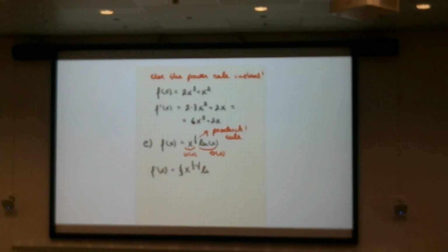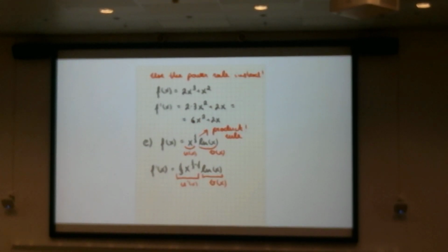And we just rewrite v of x. This one does not change, we just copy it as it is. So this bit is u of x derivative, and this is just the original v of x. And now we have a second component, so we do plus. Now I need to write u of x as it is originally, so that's x to the power 1 over 3. And now I need to take the derivative of natural logarithm.